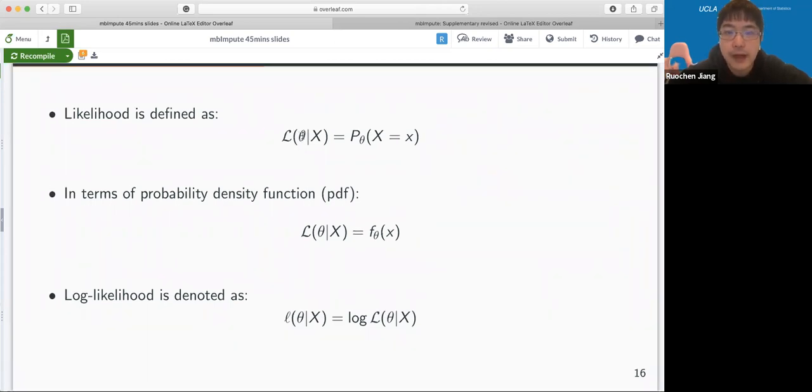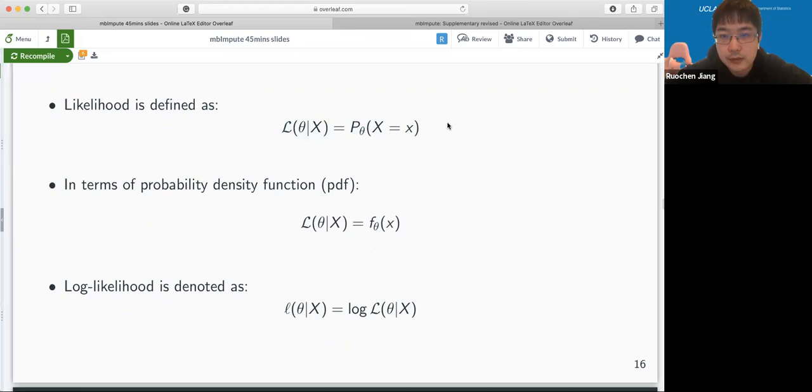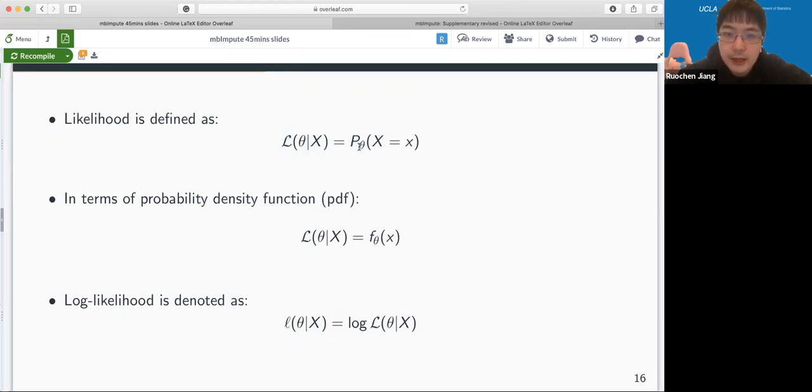So you can think of it as a vector that contains all the parameters we have, and x is our data. And this is actually numerically equal to the probability of observing some values given those parameters. For example, if we have a Bernoulli distribution, or if we flip a coin and the probability of getting a head is 0.5, then theta is just p, which denotes the probability of getting a head, equal to 0.5, and P of x equal to 1, for example, is getting a head.